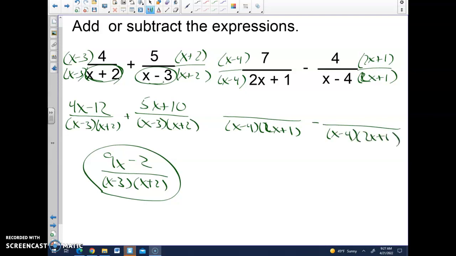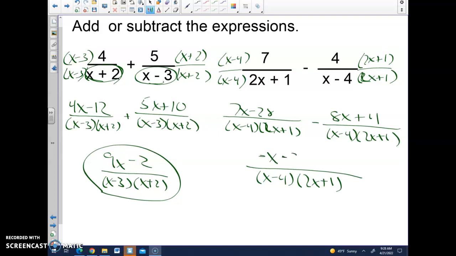And now, 7x minus 28, 8x plus 4. And this is where I distribute my negative. First of all, I'm going to put my denominator down. And now we work with our top. 7x minus 8x, negative x. Negative 28 minus 4, it's a minus 32. Okay. Now, could you pull negative out of the top? Yes. We're just going to leave it as it is, though.